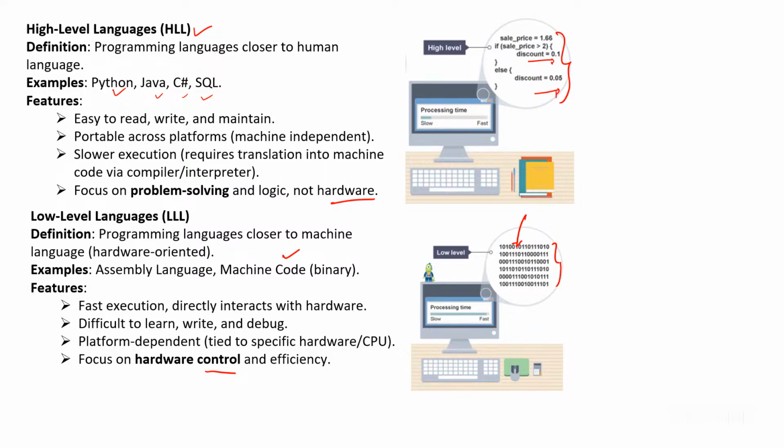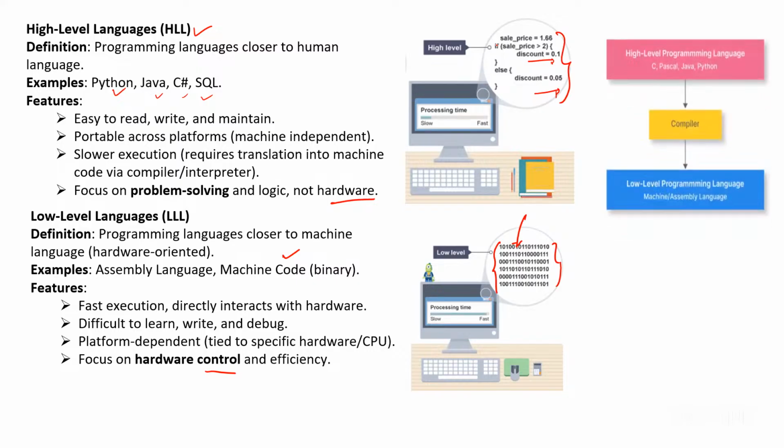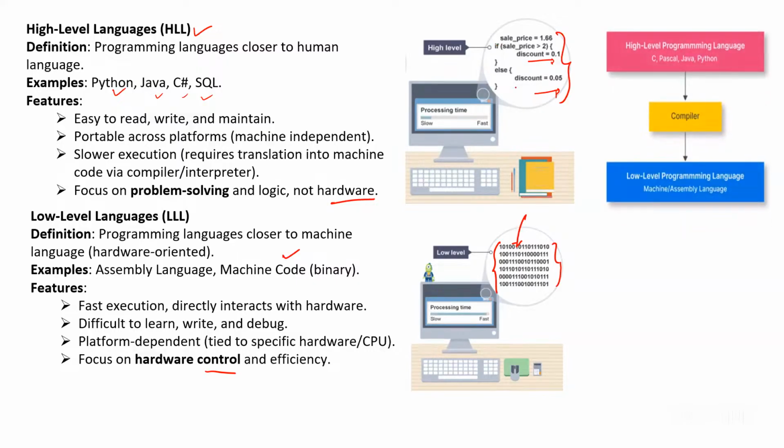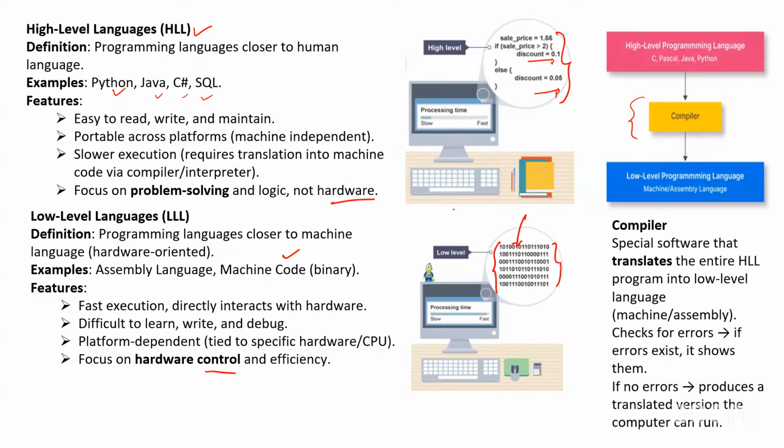Now, if I give a particular language, as I know the computer can only understand 101010, how does the computer understand if I pass a high level language? At that time, a compiler comes into the picture. What is this compiler? Every hardware has a compiler. The compiler is software that translates your high-level language into machine-level language.